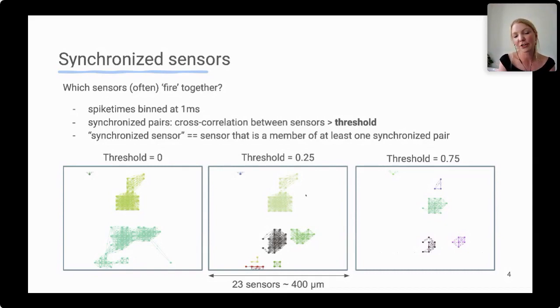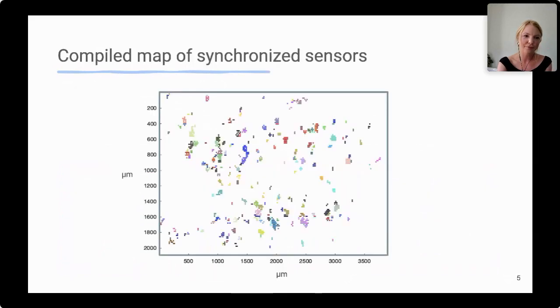If we increase the threshold to 0.25, you can already see more fine-grained structures. And if you put the threshold much higher, to 0.75, only the very tightly synchronized regions remain. In the paper, we used the 0.25 threshold.